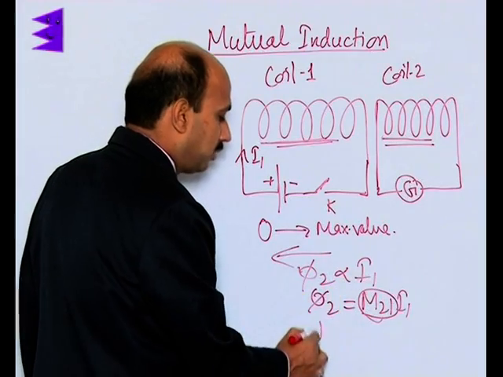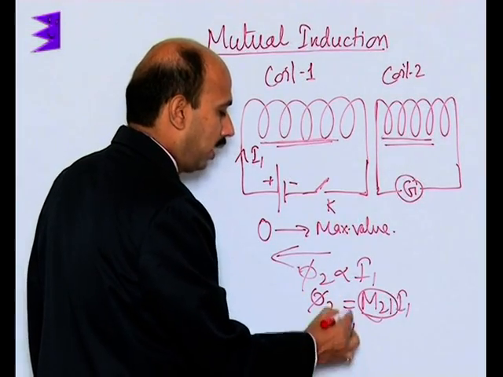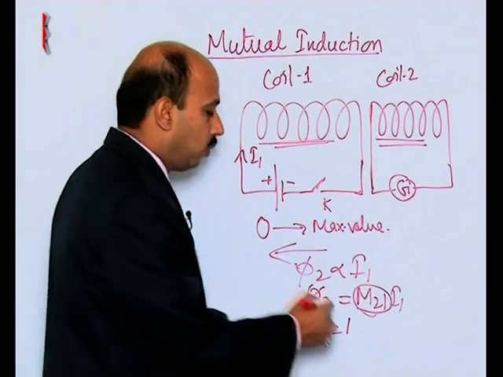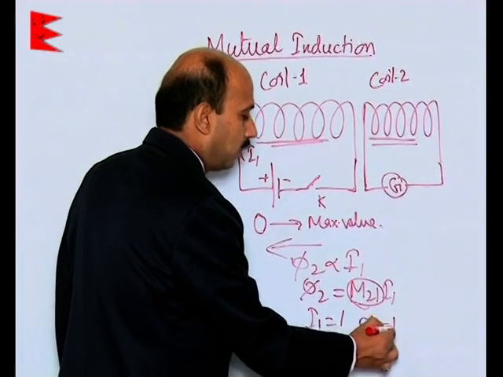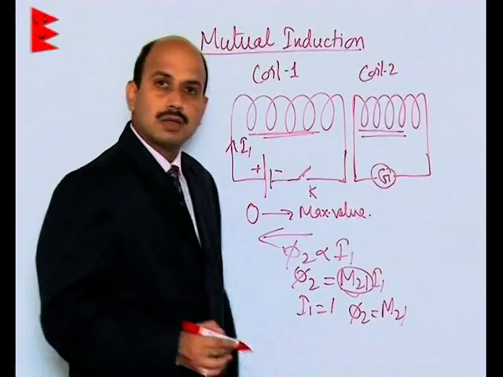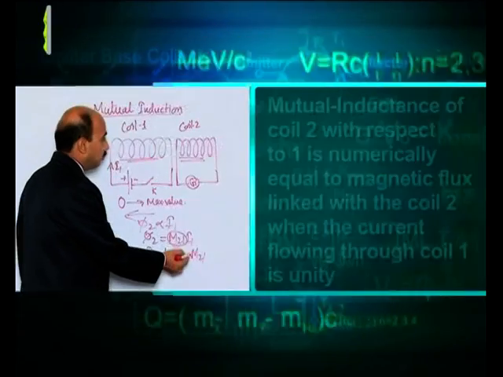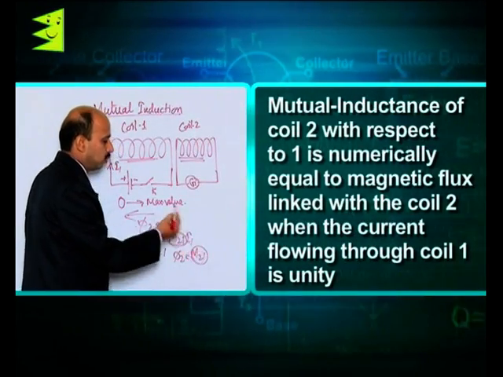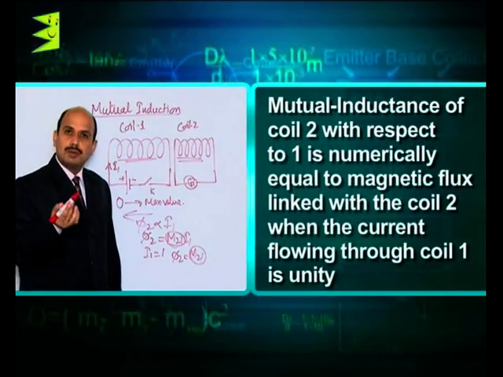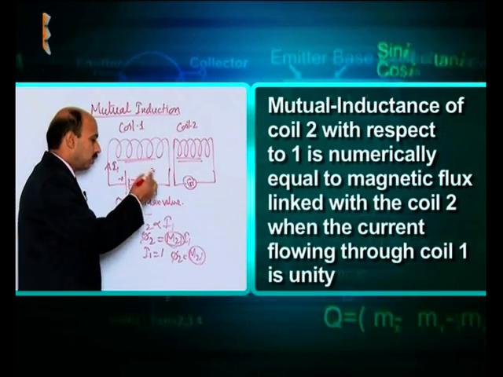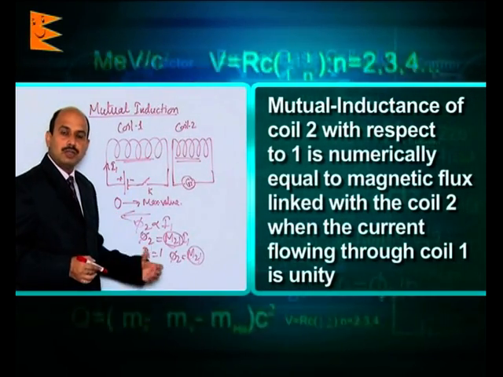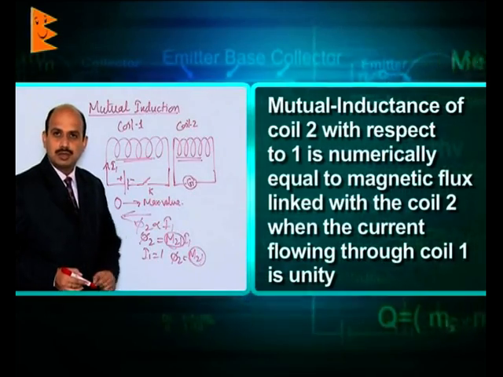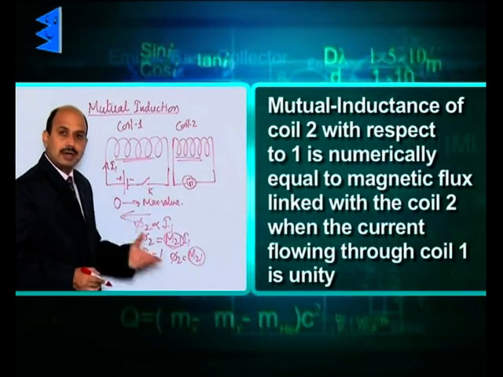If I1 is equal to 1 ampere, then phi 2 is equal to M21. That means the mutual inductance of coil 2 with respect to coil 1 is numerically equal to the magnetic flux linked with coil 2 when the current flowing through coil 1 is unity. So, this is about the mutual inductance.